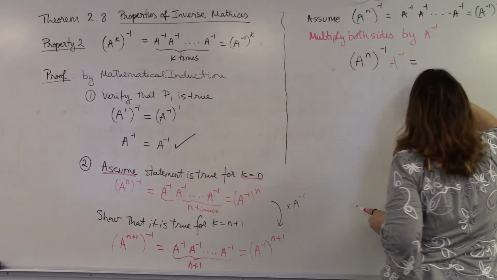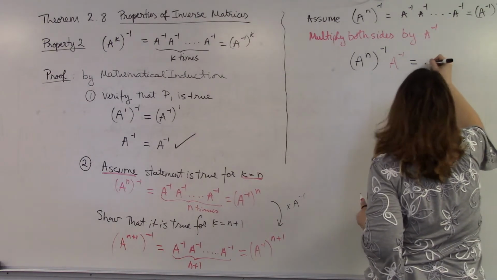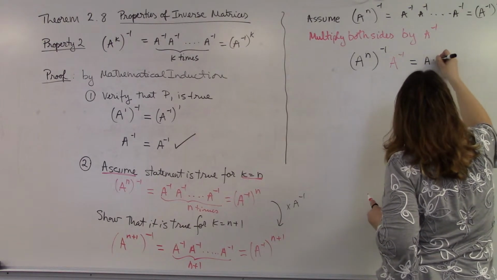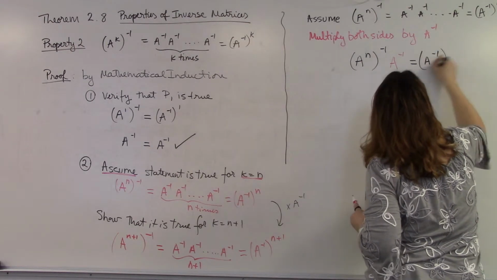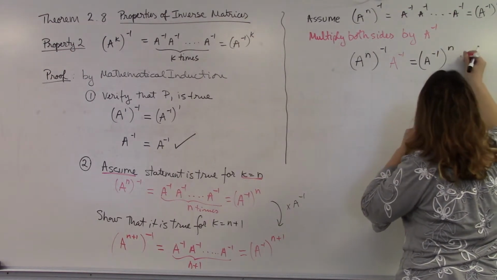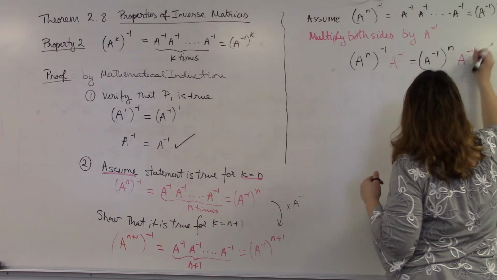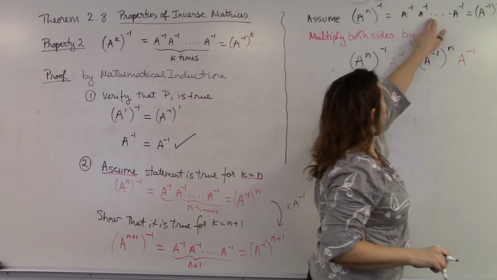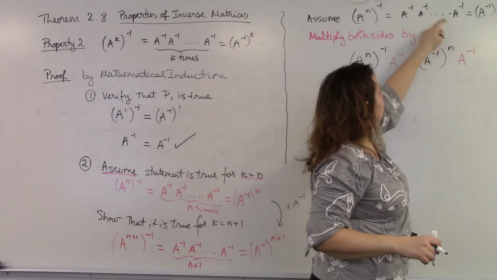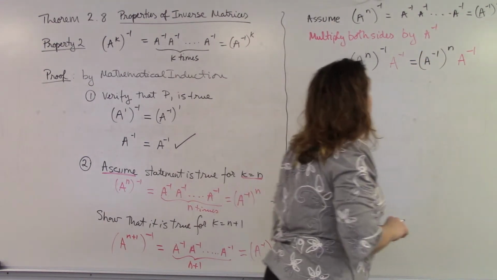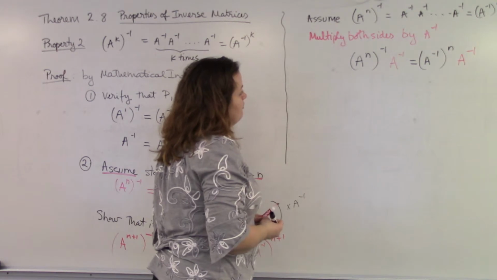So this is going to be A to the power minus 1 to the n times A to the minus 1. If you multiply by just another one, you've just gone from n to n plus 1. But let's see how that works.